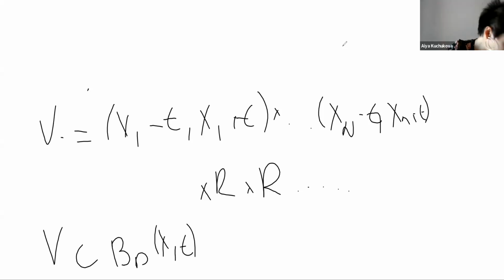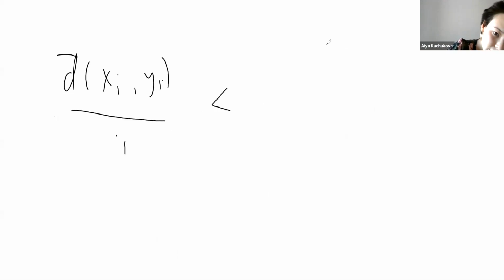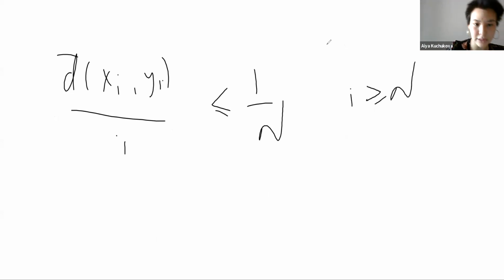So if we take some y in R^ω, and we say d bar(x_i, y_i) divided by i is less or equal than 1 divided by n, for i bigger than n, right?